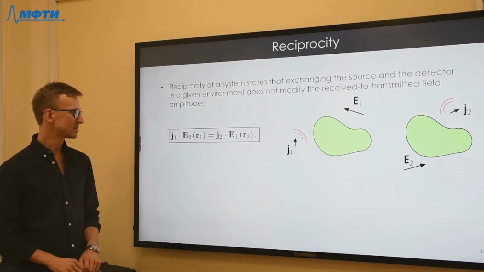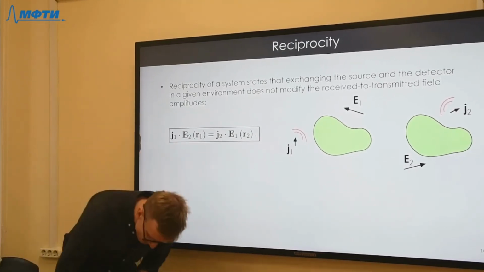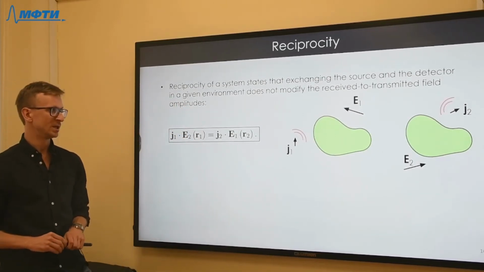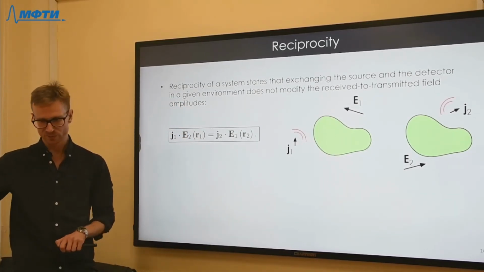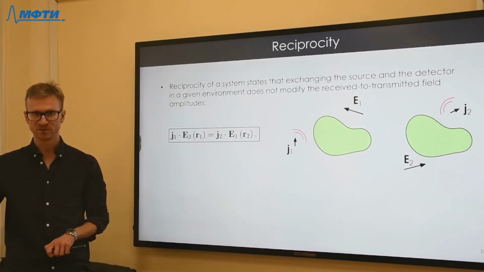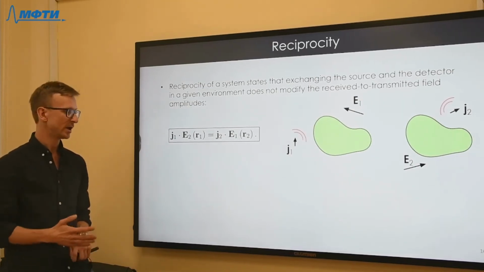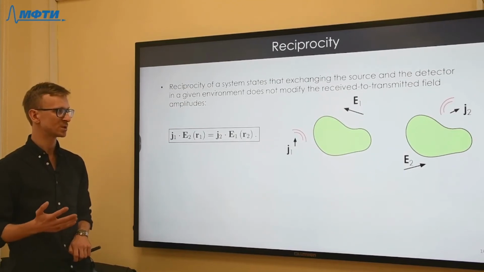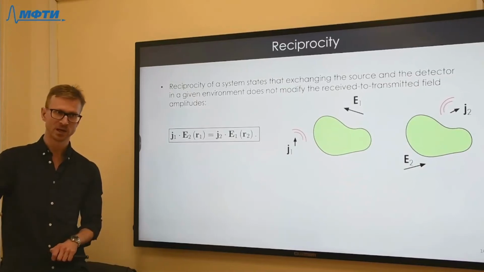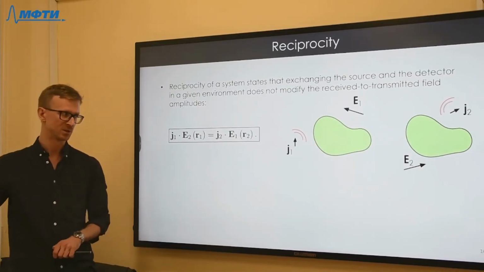And this becomes very useful and very important in many different situations. For example, when you have the problem of propagation through a certain system and you want to know how electromagnetic fields propagate from side A to side B, from side B to side A, etc. And often, knowing how fields propagate from one side to another, it allows you in some way to understand how fields will propagate in the opposite direction.